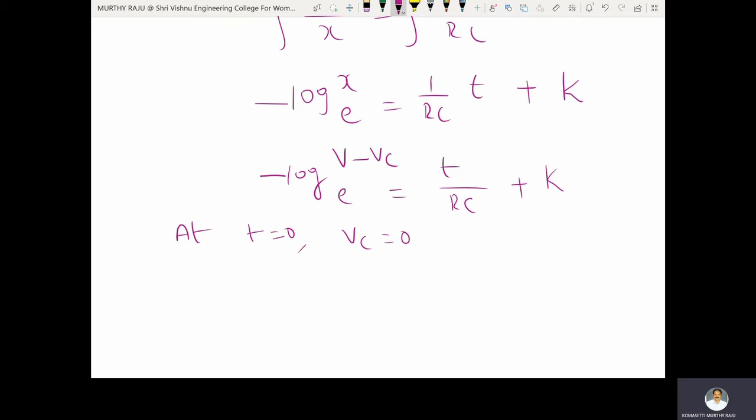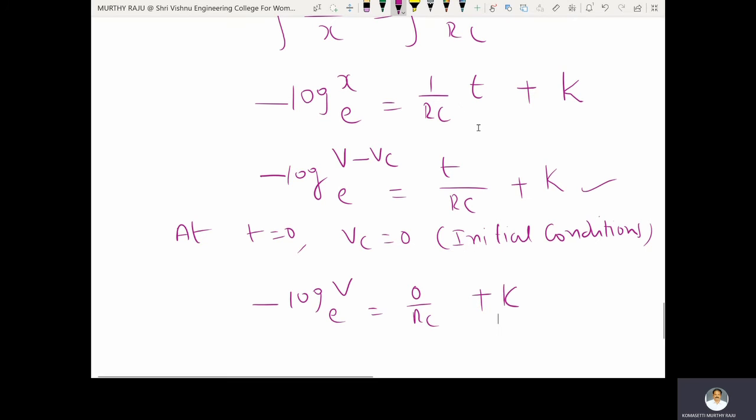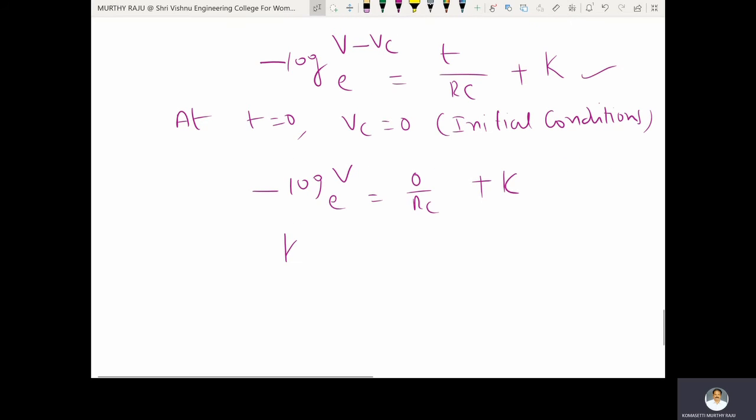Substitute these initial conditions in this equation. Therefore, minus log V base e is equal to 0 by RC plus k. Therefore, k is equal to minus log V base e.